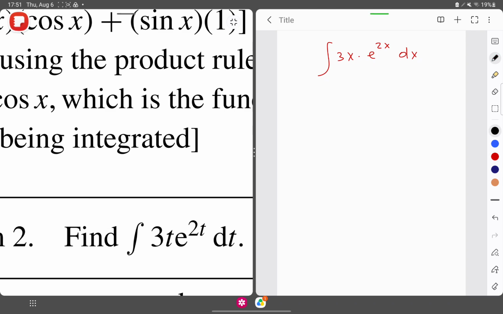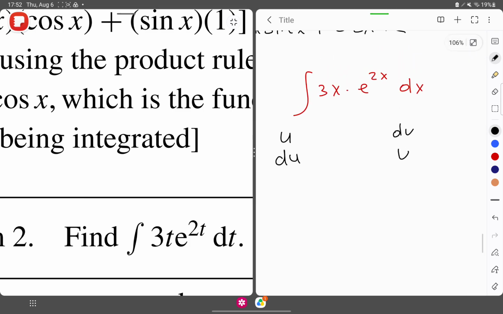So we write u dv, and what is our u and dv? Basically, this one cannot change, as you know, the integral and derivative of e to the power of x just gives us itself.